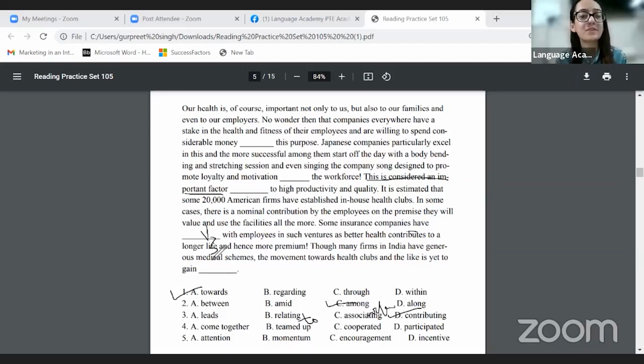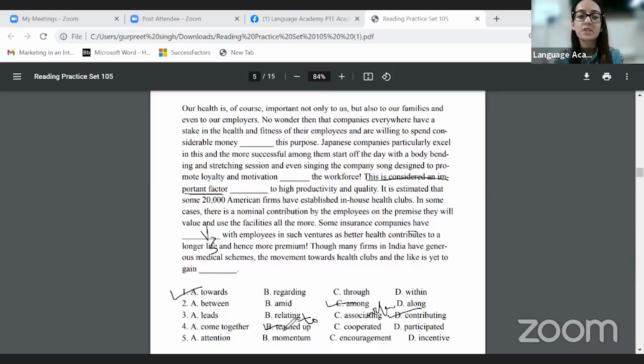What is more specific is teamed up. This is not cooperation. Cooperation has nothing to do with partnership in business. And participated with the employees doesn't make sense. So we'll say they have teamed up, which means they have come together, but it is a better way of saying the same thing. So insurance companies have teamed up with employees because of this reason.